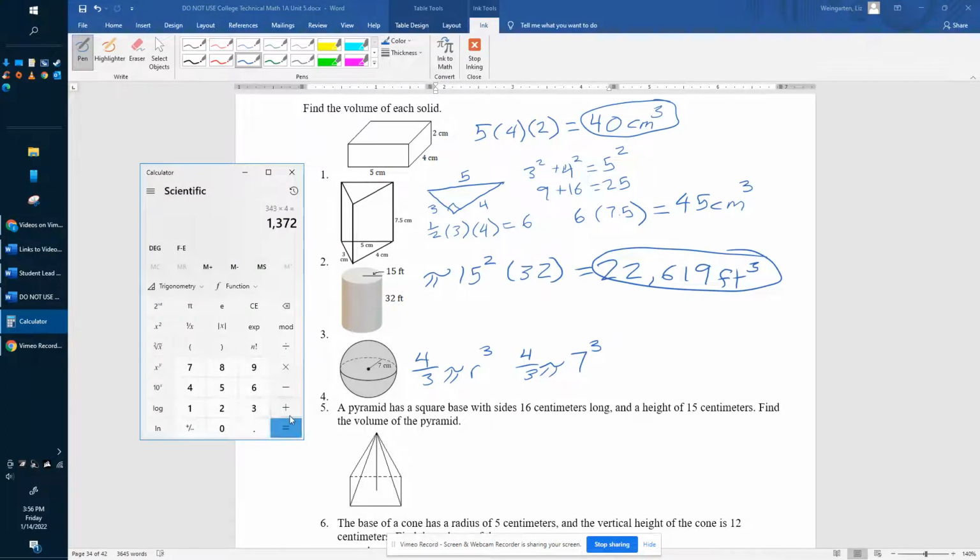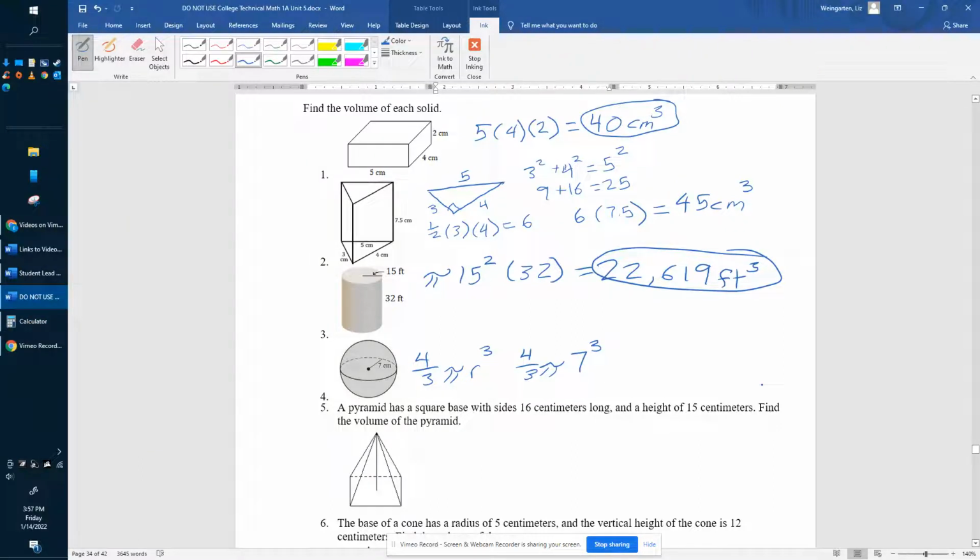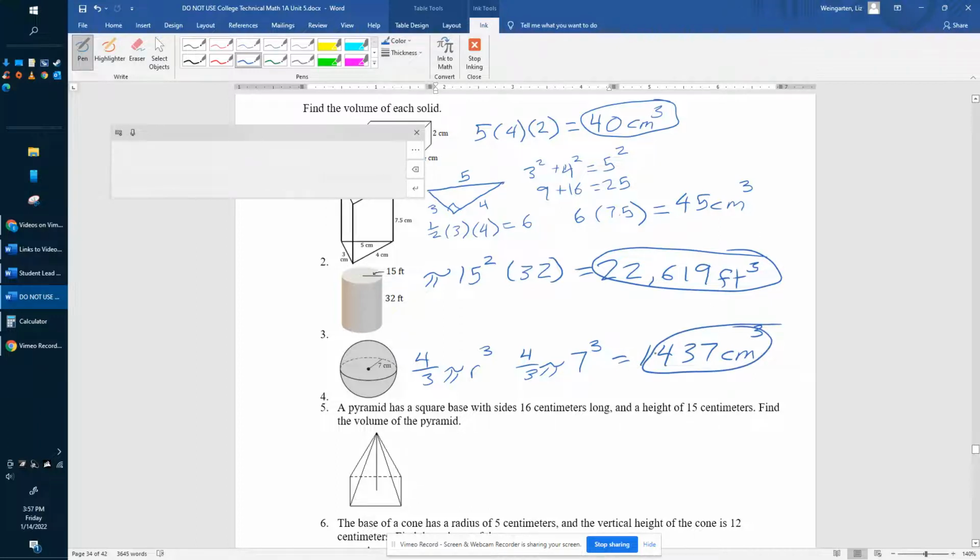Times 4 divided by 3 times pi. 1,437 centimeters cubed. That's our answer for that one.